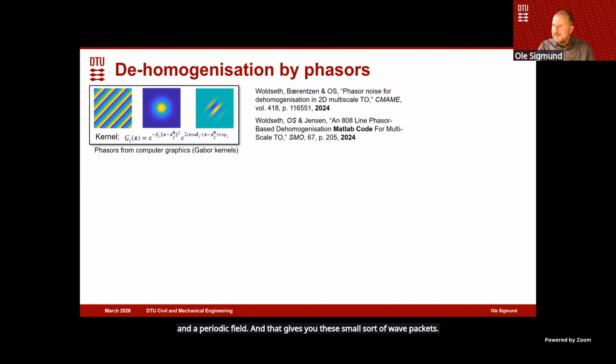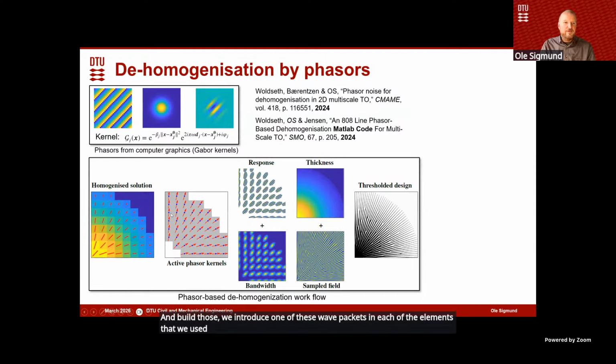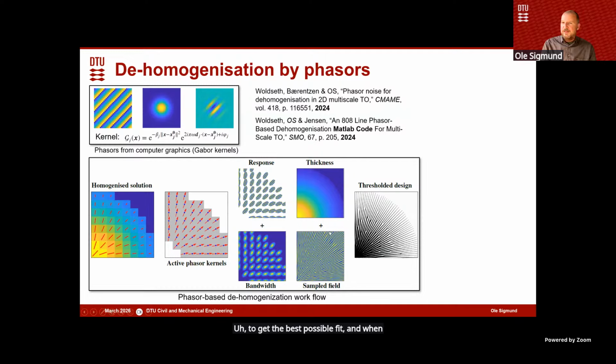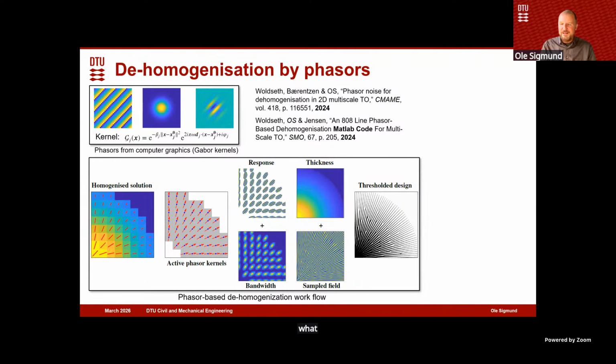With those, we introduce one of these wave packets in each of the elements that we used in the homogenization approach. We orient it according to the local orientation. And then we do some local operations like adapting the local phase of these phasors to get the best possible fit. When we then get the result, we get such periodic patterns that look like something of what we want for the dehomogenization. They are still not connected.